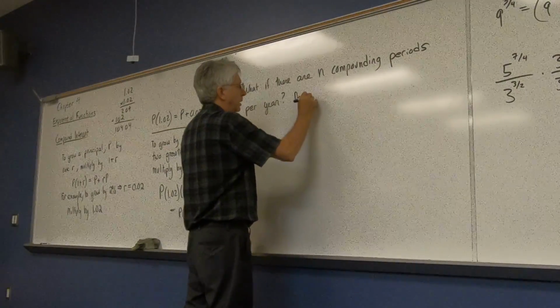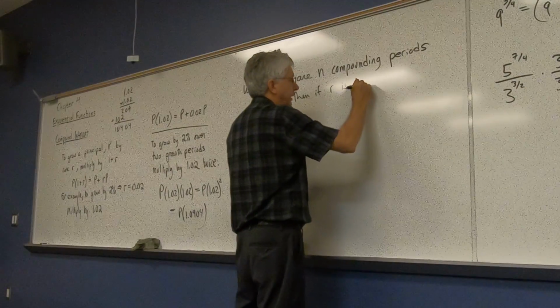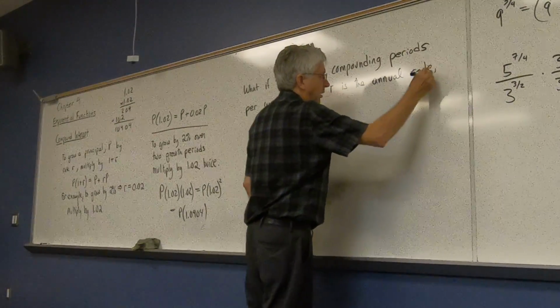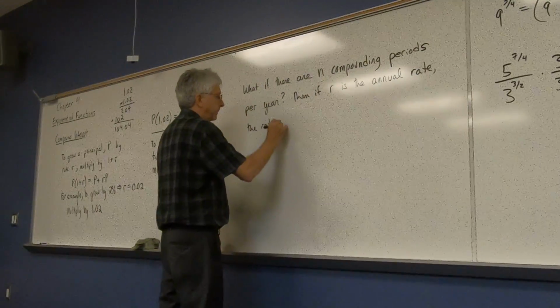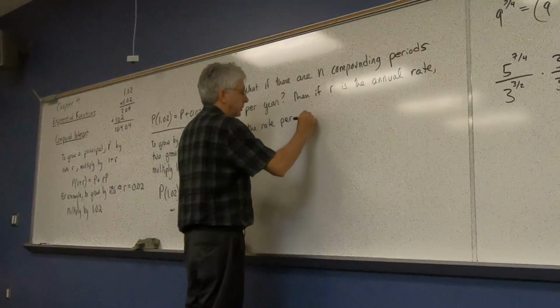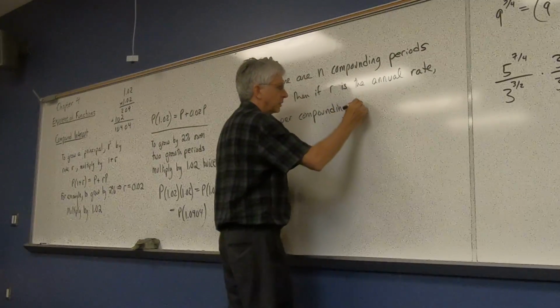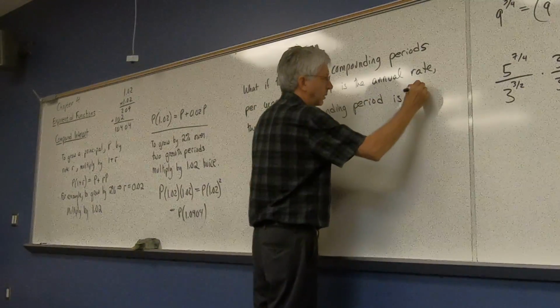Then, if R is the annual rate, the rate per compounding period is going to be what? R over n.